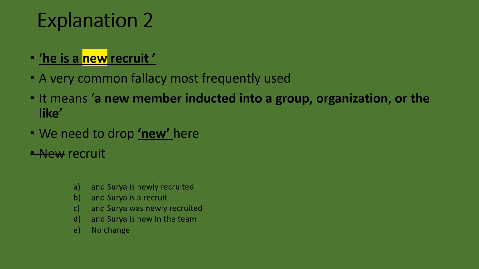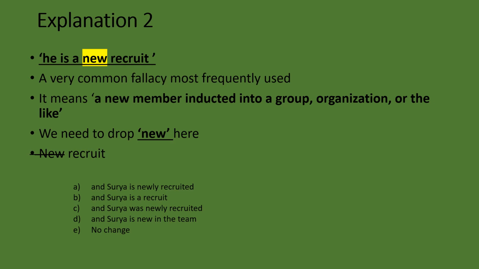So when we say "Surya is new in the team", it doesn't give a clear indication whether he is already a member of the company but with a different team, or he is a new person in the team as well as in the company. So that is not clear from this particular sentence. So it may happen that Surya was in the company but with team B, and now he is with team A.